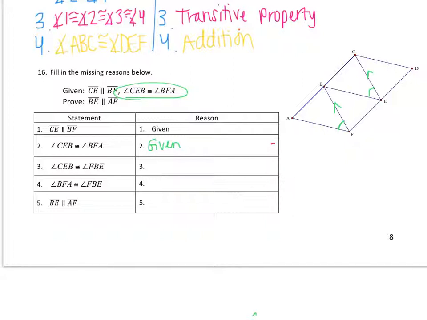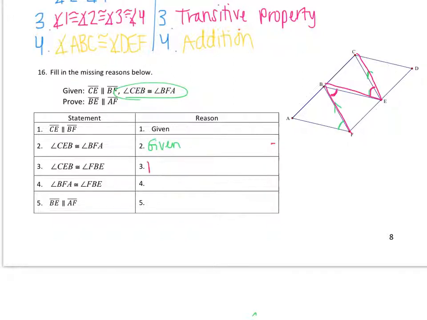Number 3 says angle CEB, let's find that, CEB is congruent to angle FBE. So if I'm looking at these angles and remembering that I have some parallel lines, I want to always try to find a Z, and I just found one, because that means that I have some congruent angles if my lines are parallel. And remember that the given said that they were parallel.